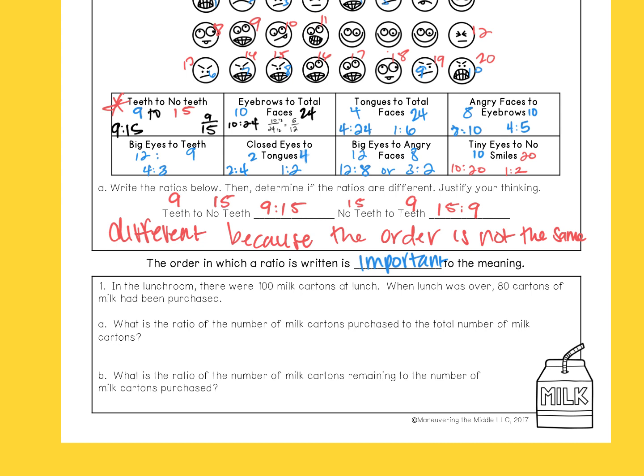So for this one, it says, in the lunchroom, there were 100 milk cartons at lunch. When lunch was over, 80 cartons of milk had been purchased. All right, so in our problem, it says, what is the ratio of the number of milk cartons purchased to the total number of milk cartons?